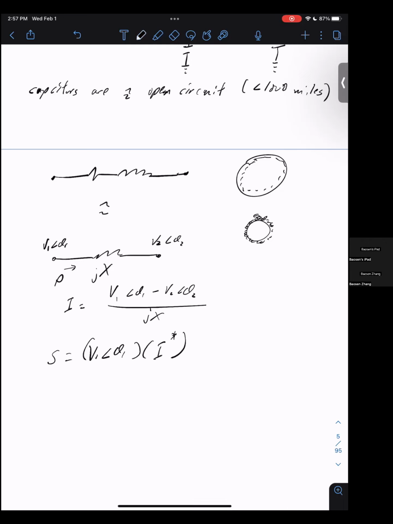So let's write this down. This is V1 angle theta 1, V1. You just conjugate every complex element. So you conjugate the angle, and if you have a j, you flip the j.